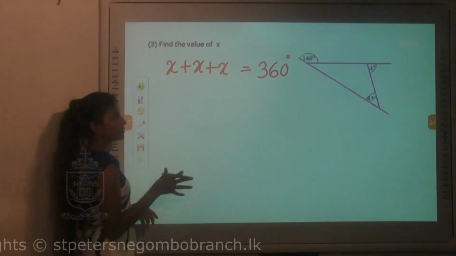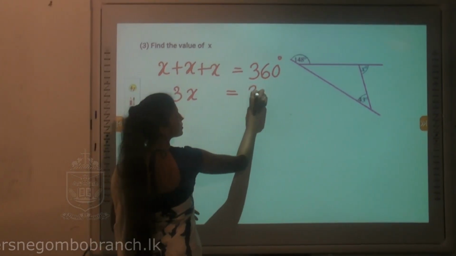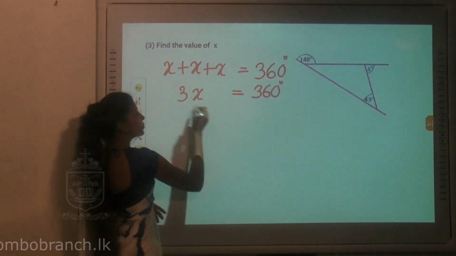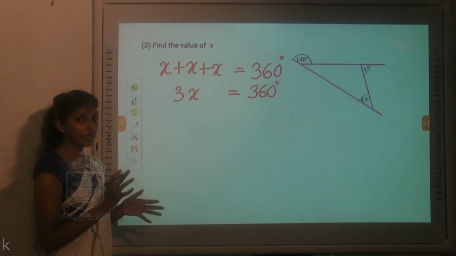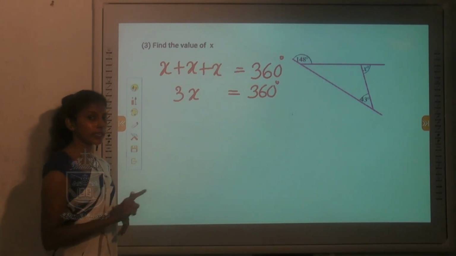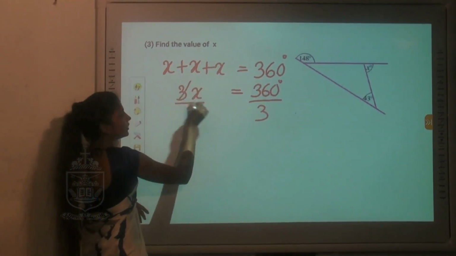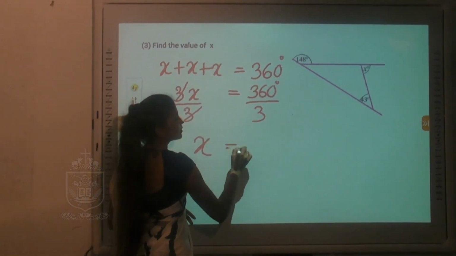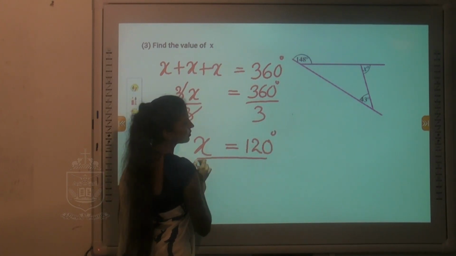We know that all the x's are like terms, so we can add it and equal it to 3x equals 360 degrees. So what's the next step? This is 3x. You have to find only 1x. What is the next step? You have to divide it by 3. So 3 cancels. X equals 120 degrees.